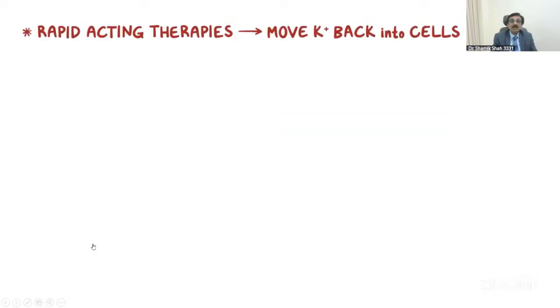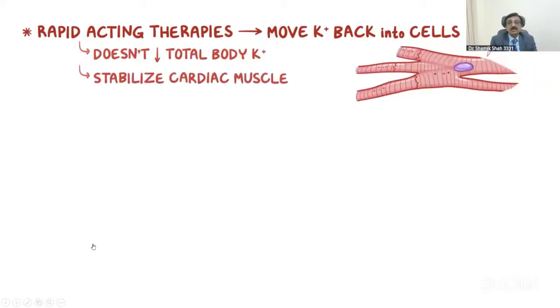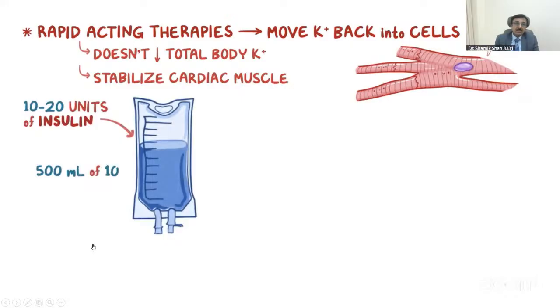Rapid-acting therapies are used to move potassium back into the cells. However, do remember that this does not remove the total body potassium, but it stabilizes the cardiac myocytes as the potassium moves back inside the cells. So how do we do this? By giving 10 to 20 units of insulin in 500 ml of 10% dextrose over 1 hour.